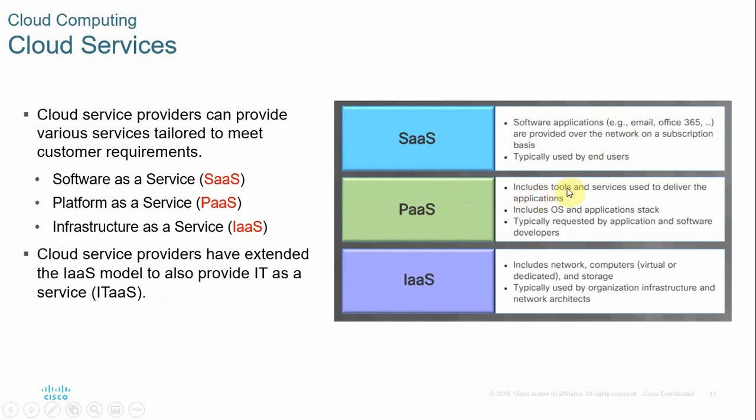PaaS includes tools and services used to deliver the application, including the operating system and the application stack, typically requested by the application and software developer. Infrastructure as a service includes network, computers and storage, where you can request for network, computers and storage, typically used by organizations, infrastructure and network architects.